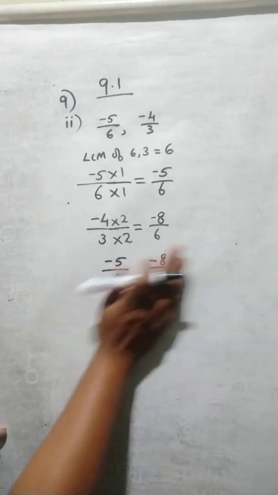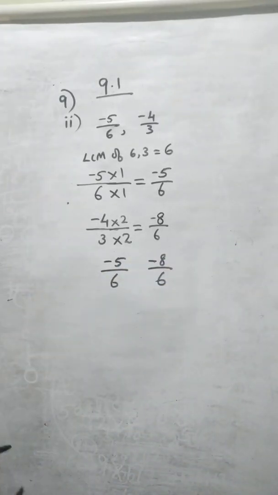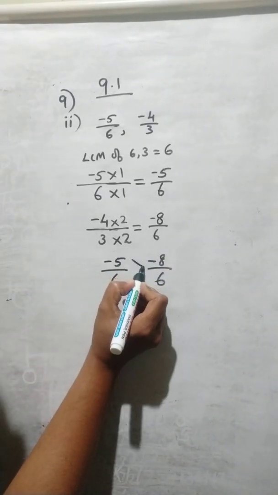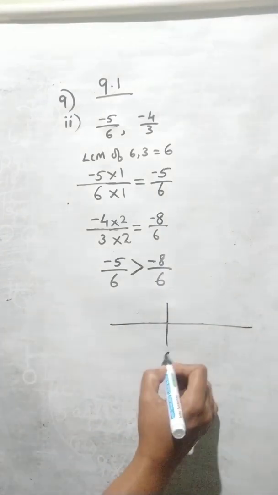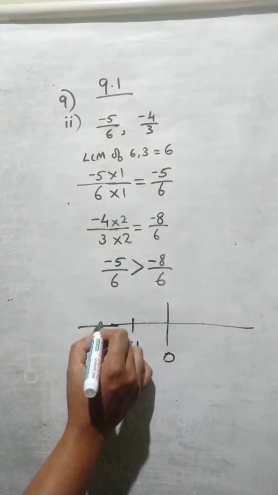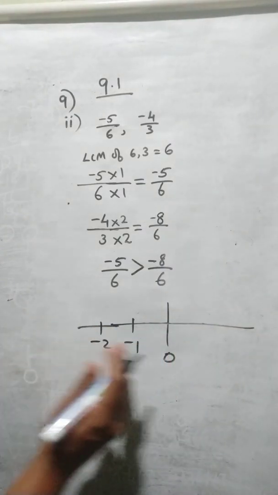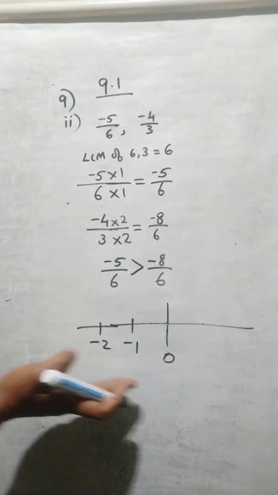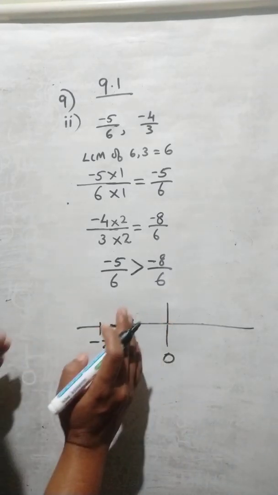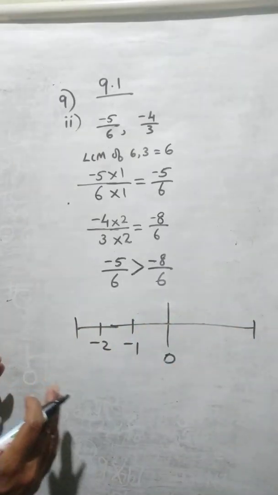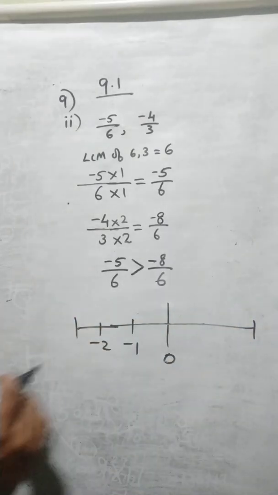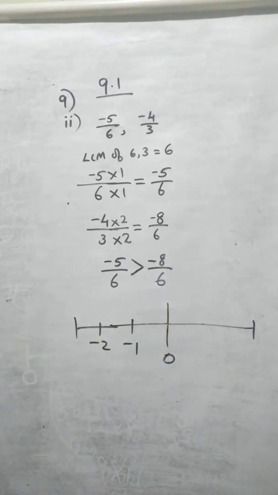While considering these negative integers, negative 5 will be greater than negative 8. Okay. Because 0, negative 1, negative 2 and so on, it's coming back, going to the left side. On a number line, if the numbers are going to the right side, the value will increase.